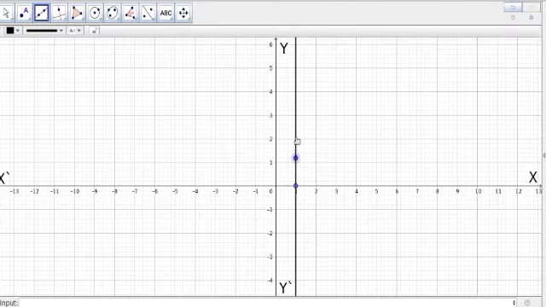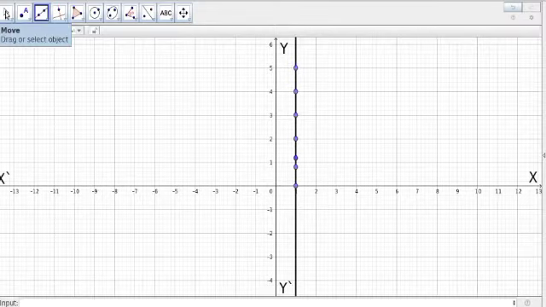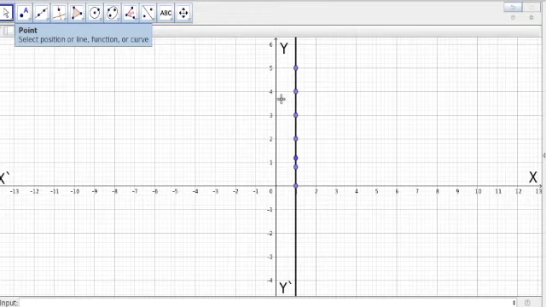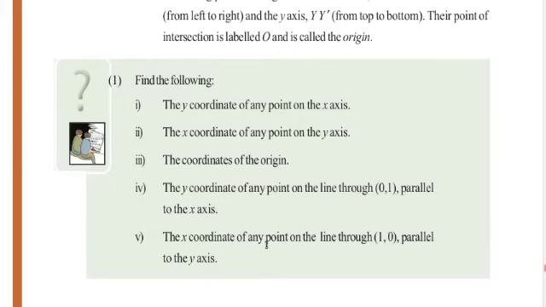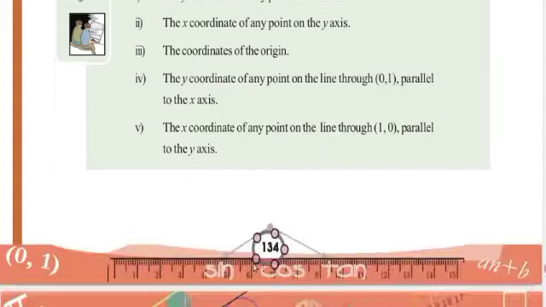See, this point is 1, 2. This point is 1, 3. This point is 1, 4. This point is 1, 5. That means all the points have the same x coordinate, that is 1. So the x coordinate of any point on the line through 1, 0 parallel to the y axis is 1.